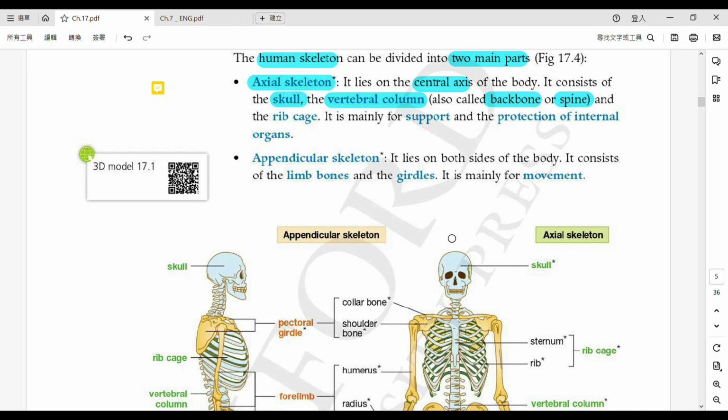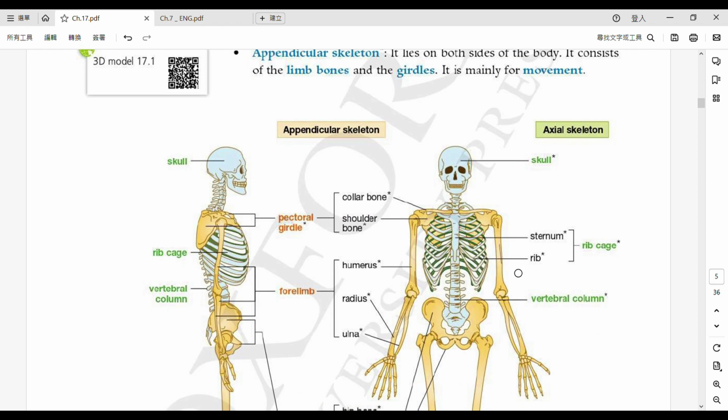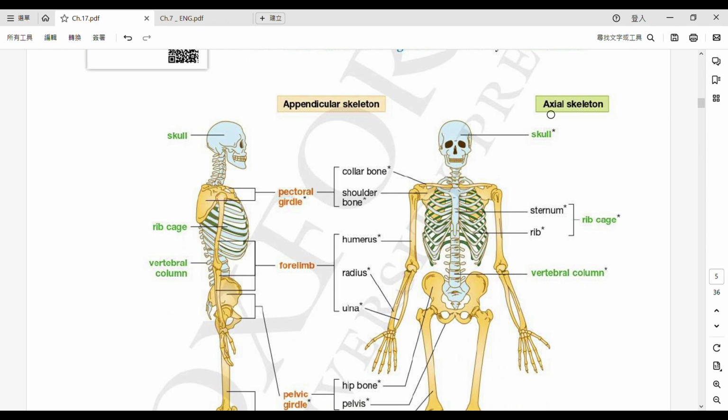得唔得？好啦，除咗我哋嘅 skull，除咗我哋嘅 vertebral column, and what is the last one? The last one is called the rib cage. 我哋嘅肋骨腩啦。Okay, so when you look at the diagram below, the green area, these 3 areas are the actual skeleton.